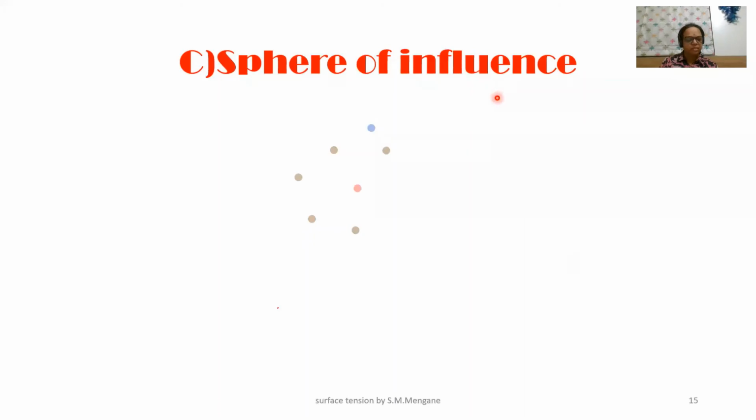Sphere of influence. To study sphere of influence, again remember electric field in electrostatics. If we place a charge at any point, then an electric field is produced in the surrounding region. Imagine a charge is placed at point A, and other charges are placed at points B, C, D, E, etc. If these charges are brought in the electric field, then the electric field exerts a force on them.